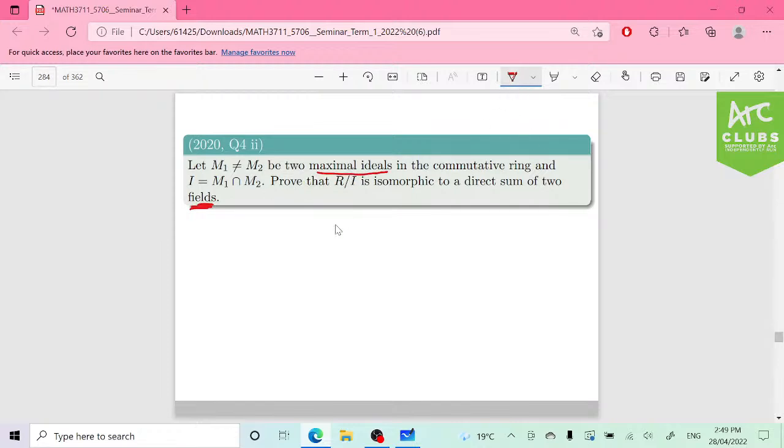So naturally, what you might want to look at is R mod M1 and R mod M2. And remember that these two will form fields. So that's what we're going to be looking at when we're doing the proof.